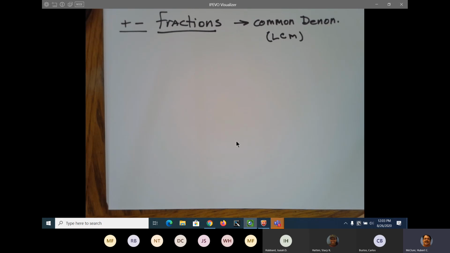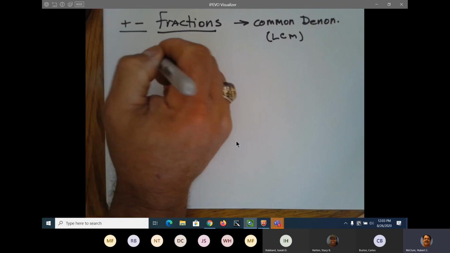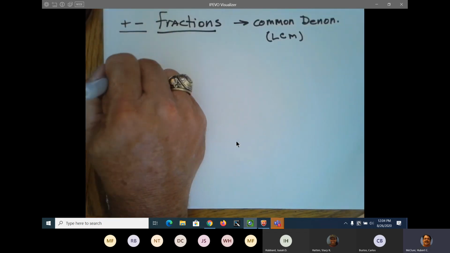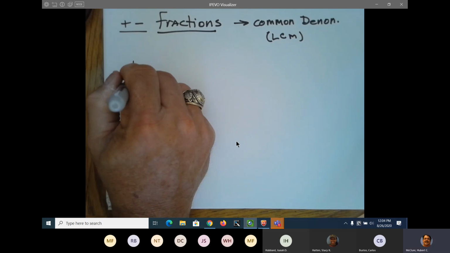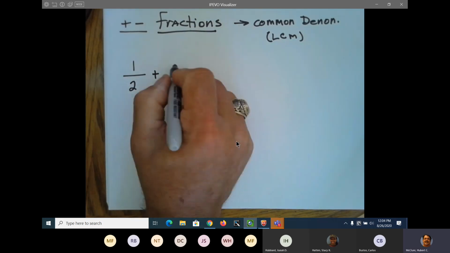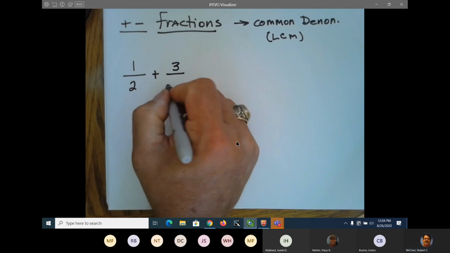Of course, I know you're going to know the common denominator in your head, but it's a basic example, and I'm going to show you how to find the common denominator. I'm going to go with 1/2 plus 3 over 24.